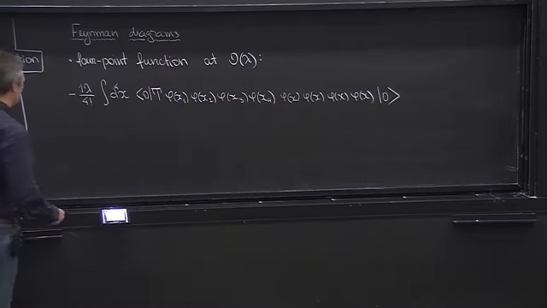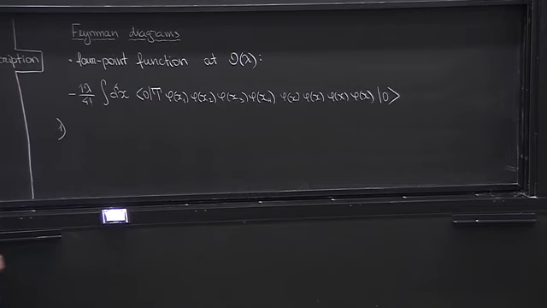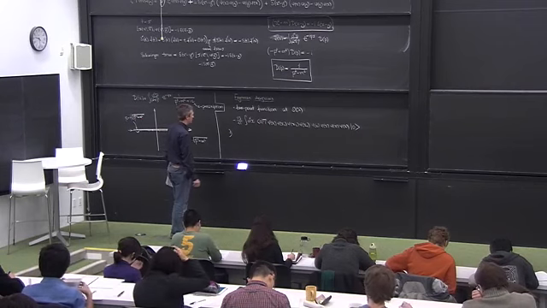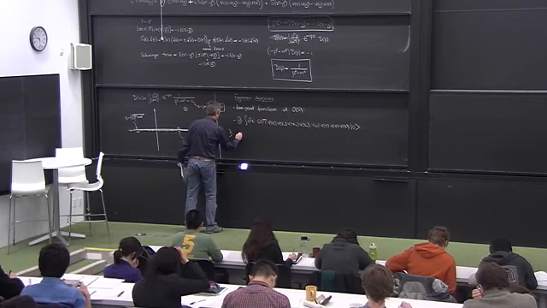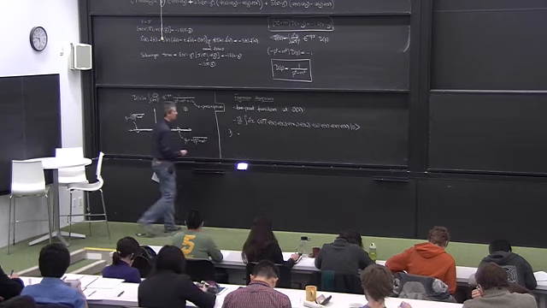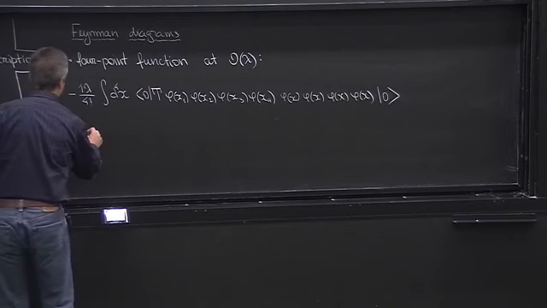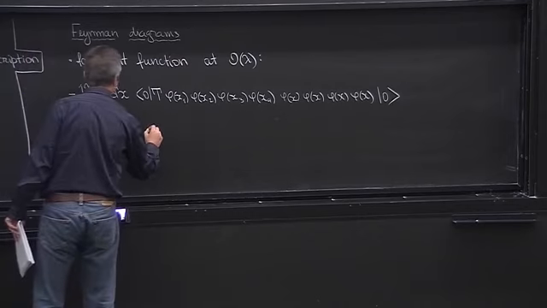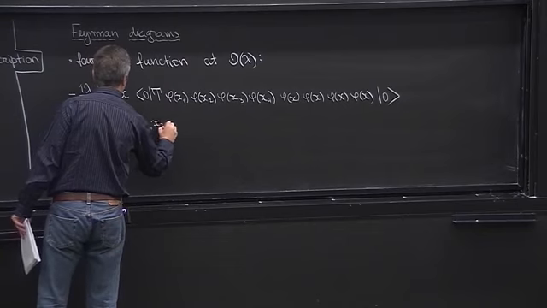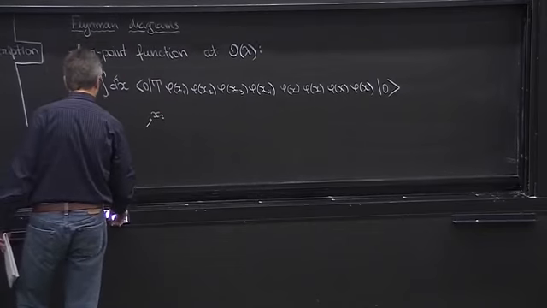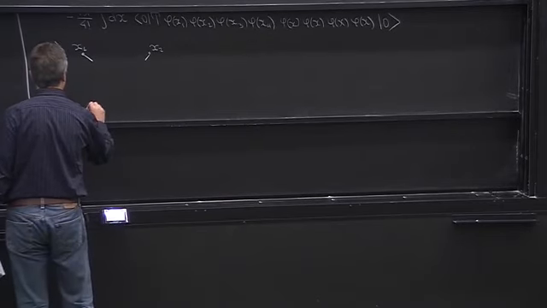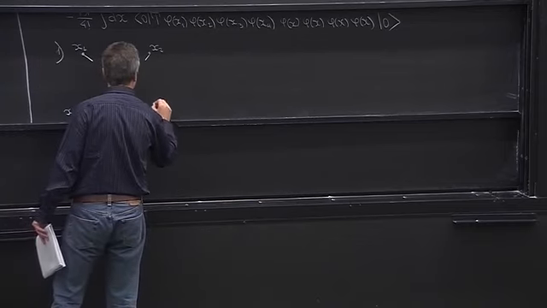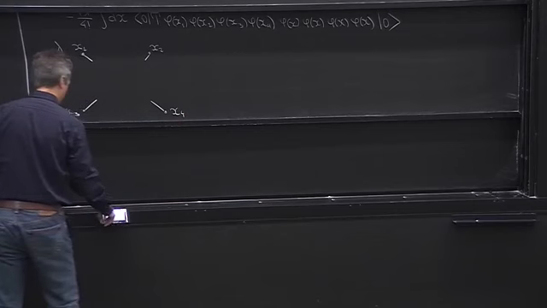So let's consider this contribution first. Let me draw it as a diagram from the start. So we have external points, x1, x2, x3, and x4.